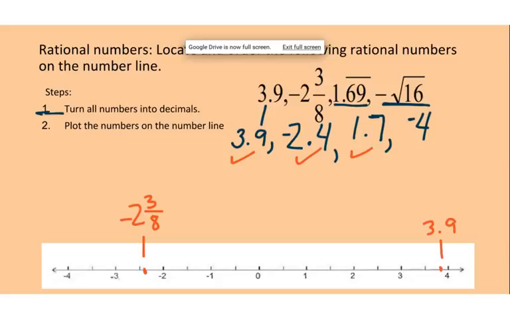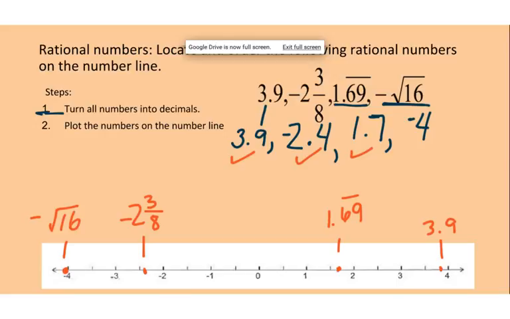Here's 1 and 7/10. We're going to put it about right there. Oops, and so we're going to make that 1 and 69 hundredths repeating. And then our very last one is -4. So we're going over here, we're going to put a dot there. And remember, you're going to use the original form, so we're going to say negative square root of 16.